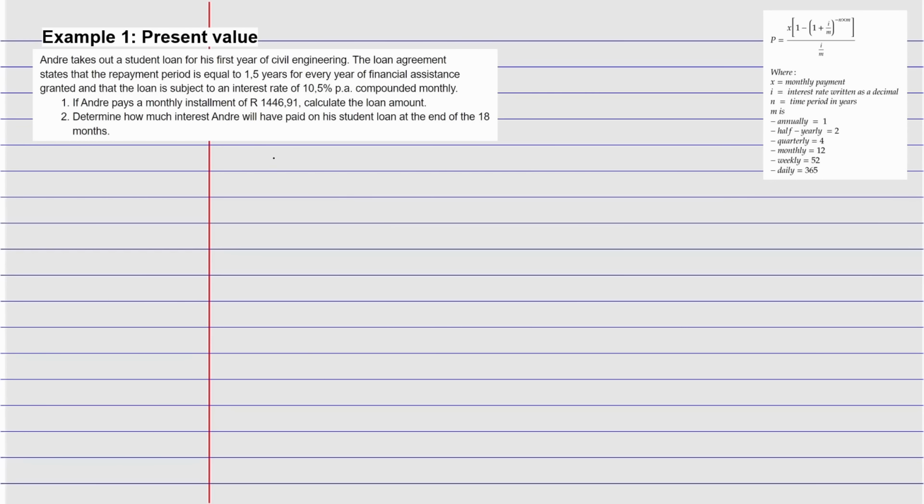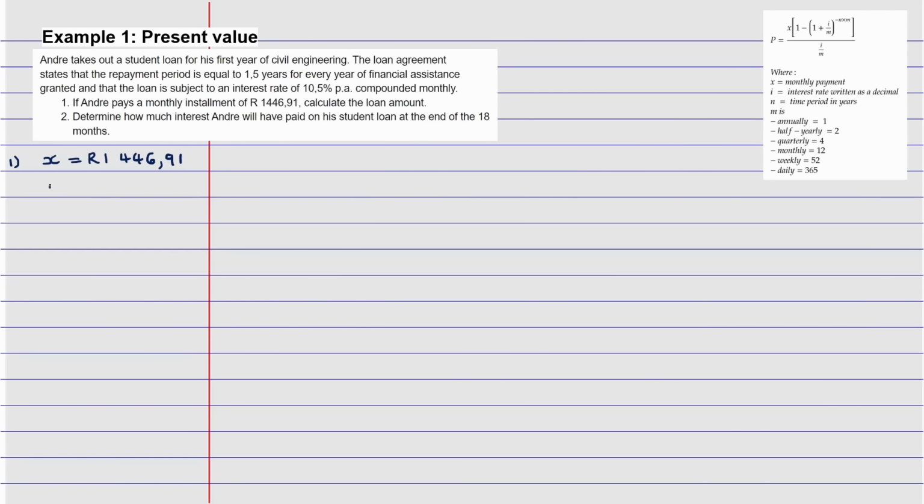So if he pays this amount, which is going to be X, what is going to be the amount of the loan? So let's do that. Let's write the information that we're going to need. X here is the monthly installment of 1,446.91.